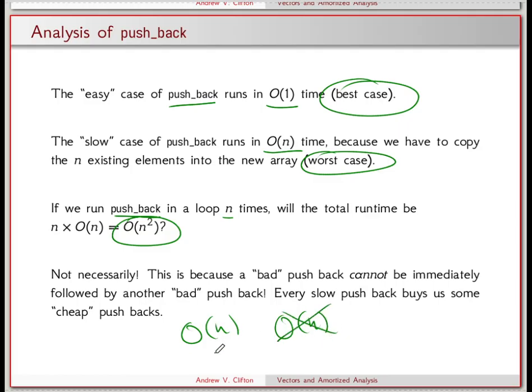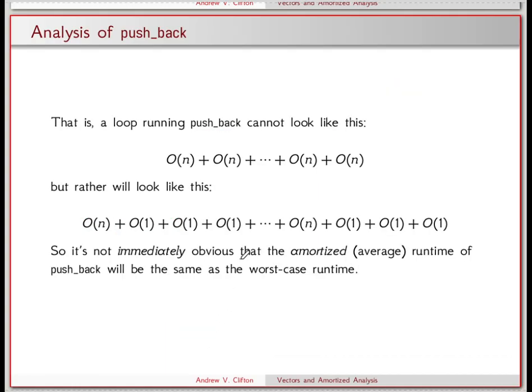That's because the O of n pushback that we did here gave us more room to do cheap pushbacks here. So we can't have this pattern of bad pushback after bad pushback after bad pushback. Every bad pushback is followed by some number of cheap, easy pushbacks.